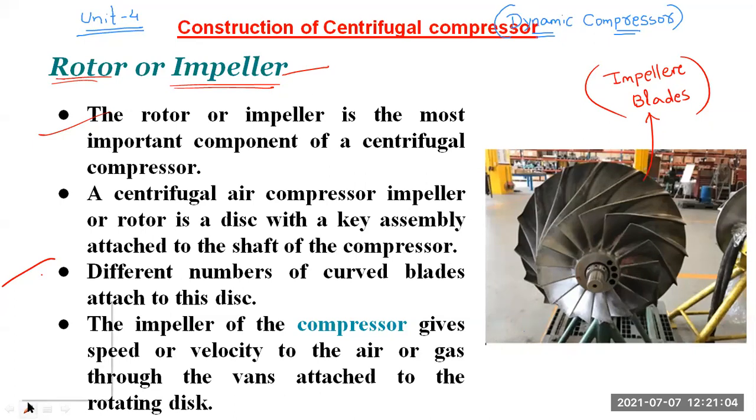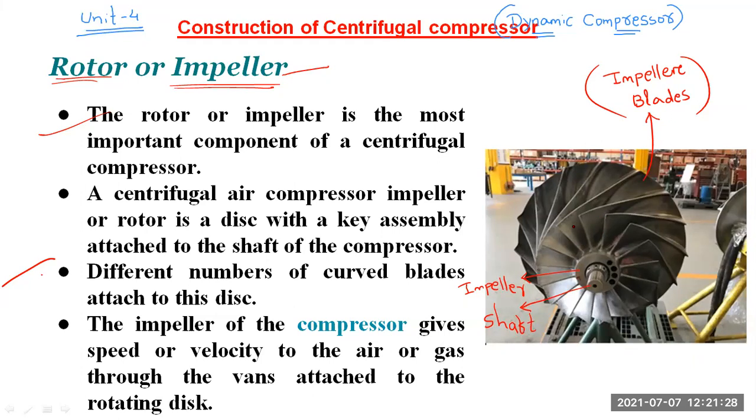Which one is the shaft? This rotating part is the shaft. And this part is the impeller, and these are the impeller blades.